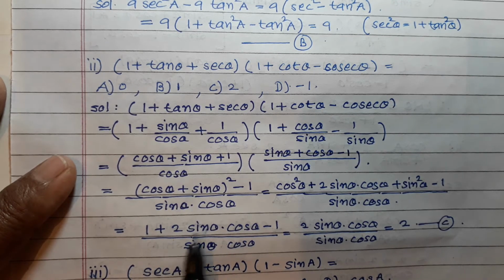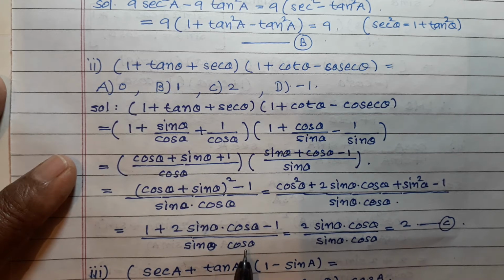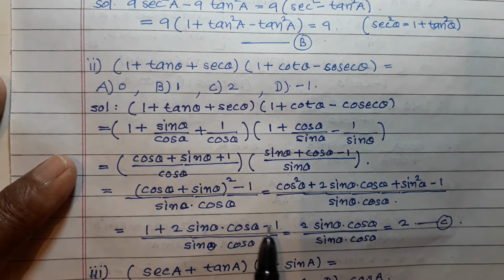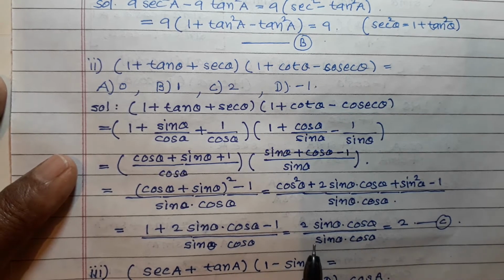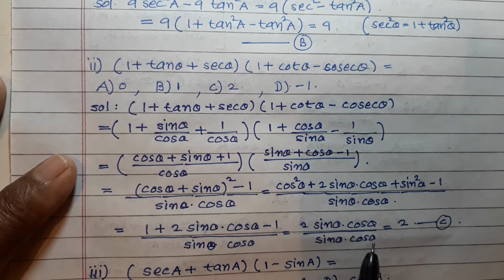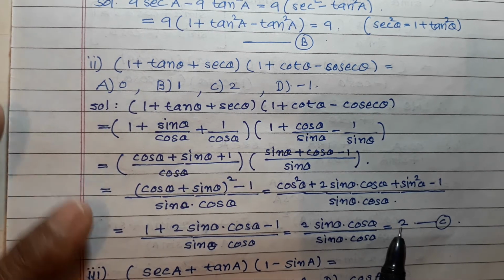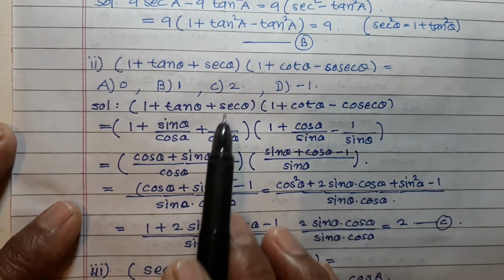So 1 plus 2 sin theta cos theta minus 1 upon sin theta cos theta. 1 and minus 1 get cancelled, and this is equal to 2 sin theta cos theta upon sin theta into cos theta. This and this get cancelled and it is equal to 2. So your option is C.